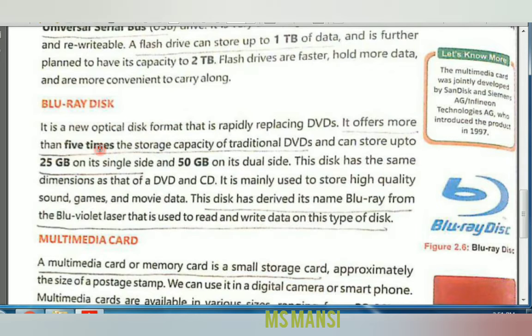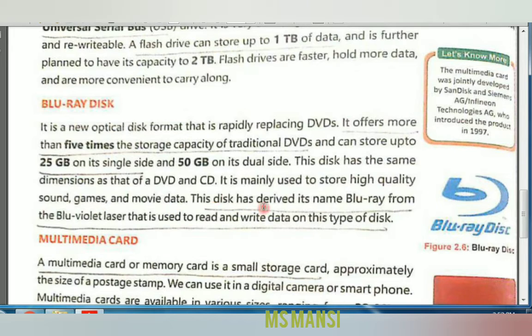Students, a Blu-ray disc stores a large amount of data, up to 25 GB on its single side and 50 GB on its dual side. Its dimension is the same as DVD and CD. It is used to store high quality sound, games and movie data.